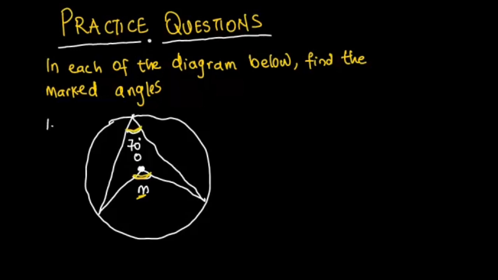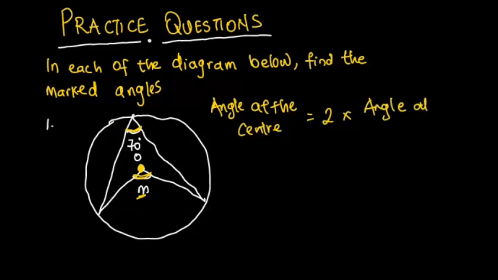Now, in our fourth theorem, we said angle at the center, this is the center of the circle O, is twice that at the circumference. So remember, angle at the center is twice. Twice simply means 2 times the angle at the circumference.